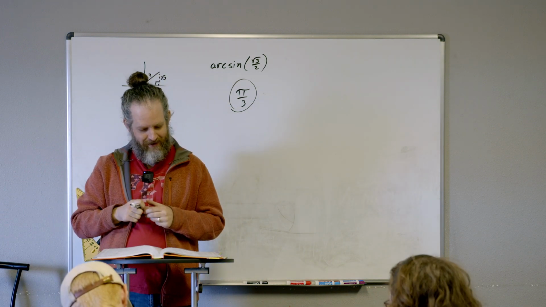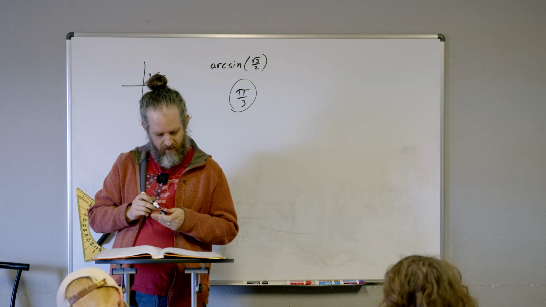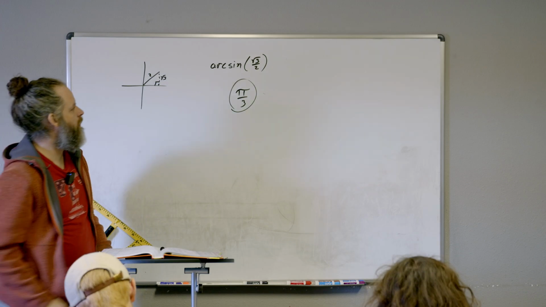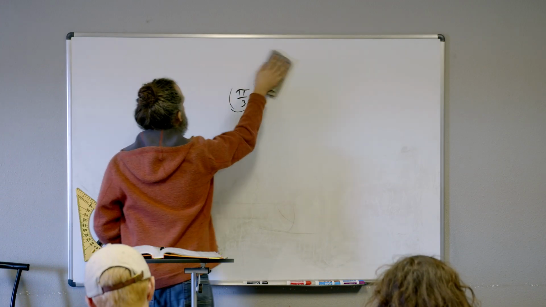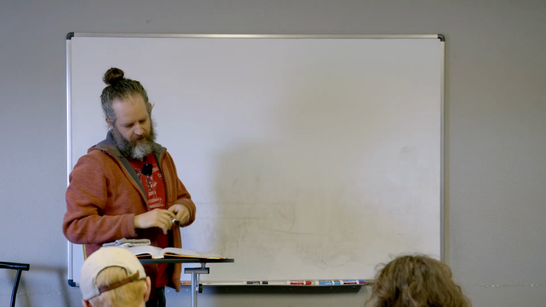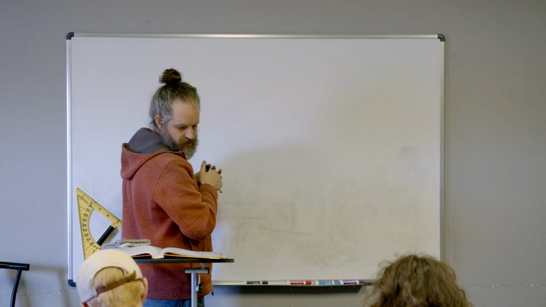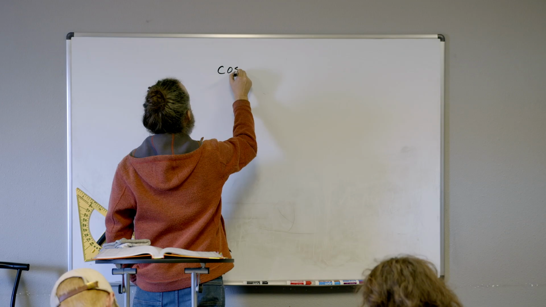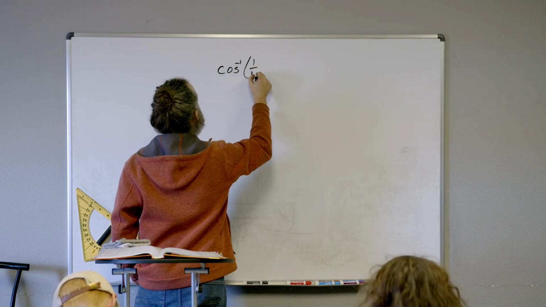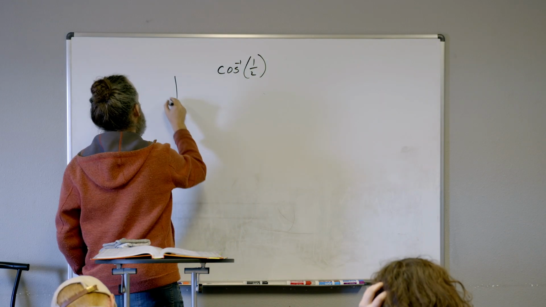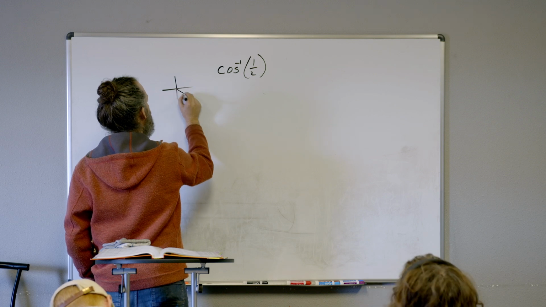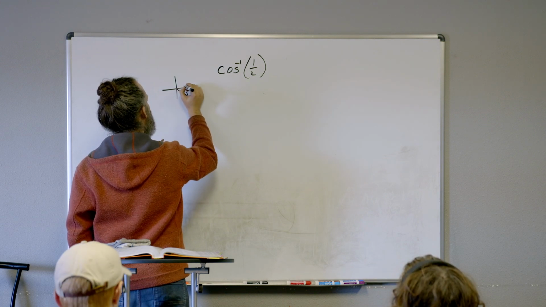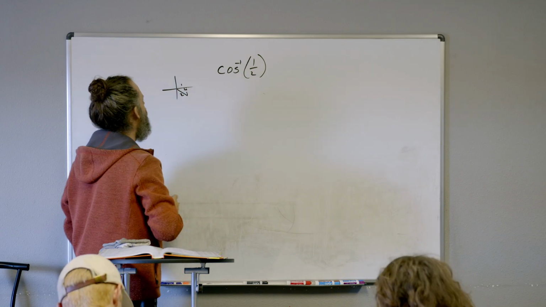Okay, what next? Number 10. The inverse cosine of 1/2. Why do you have the triangle right in that quadrant?